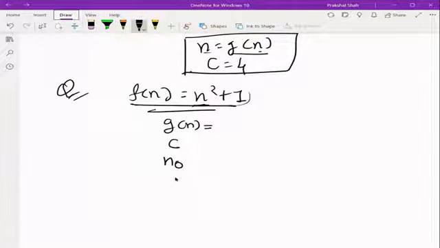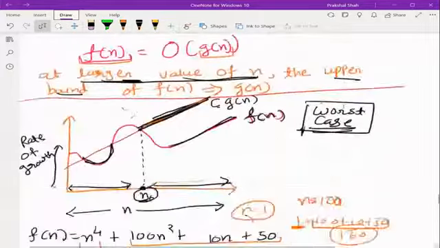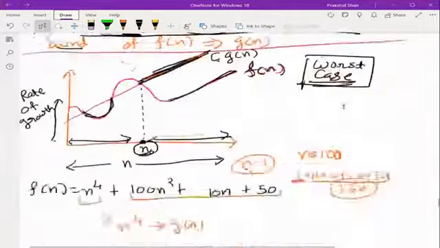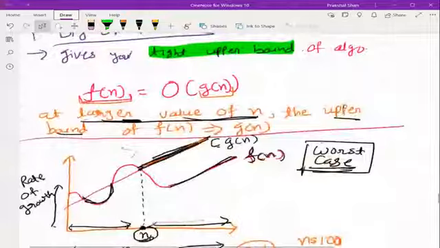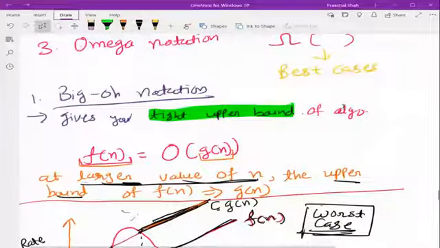You have to ignore the constant term. The values of g of n should be greater than f of n, but as near to f of n as possible. The word tight is included in the definition, the tight upper bound. I told you about this tight upper bound.